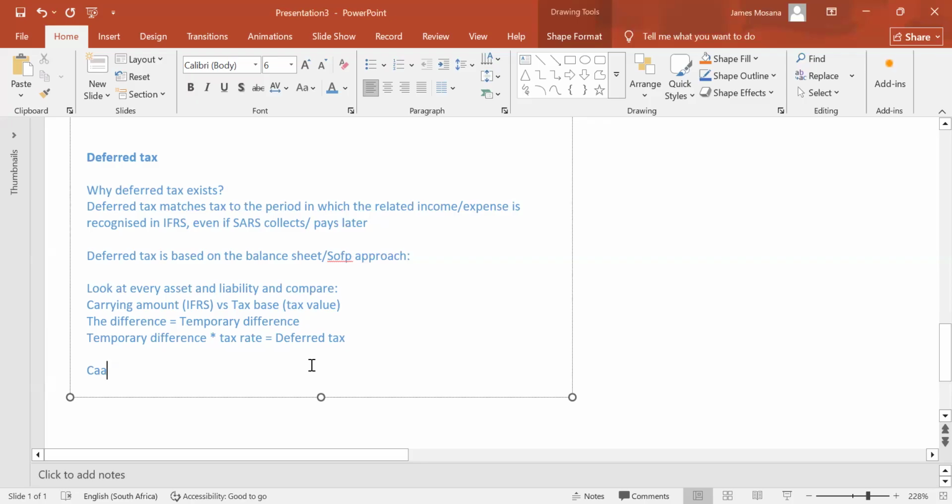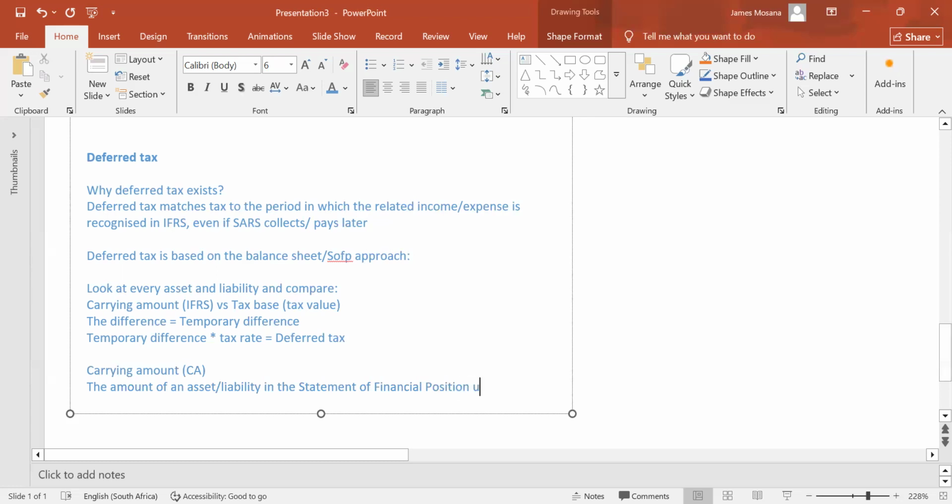So when I am talking about my carrying amount, it is the amount of an asset or liability in the statement of financial position under IFRS, right?